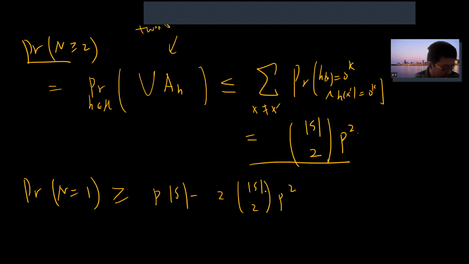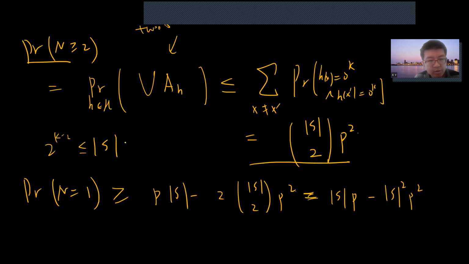Let's change this to be greater or equal to s p minus s squared p squared. And notice that our s is between 2 to the k minus 2 and 2 to the k minus 1.